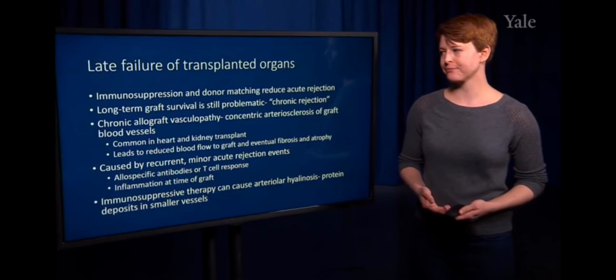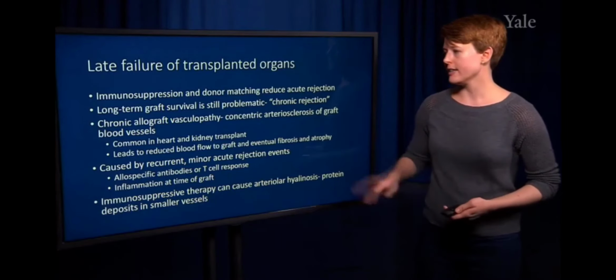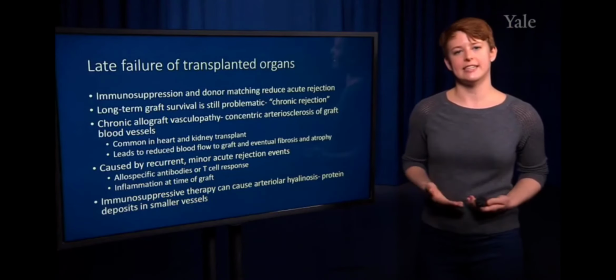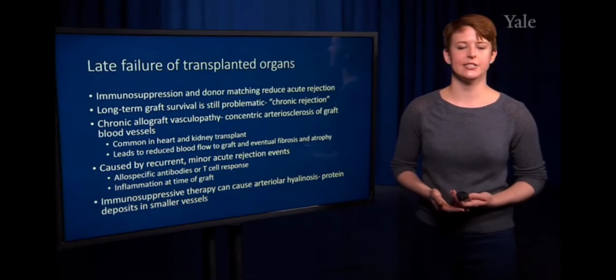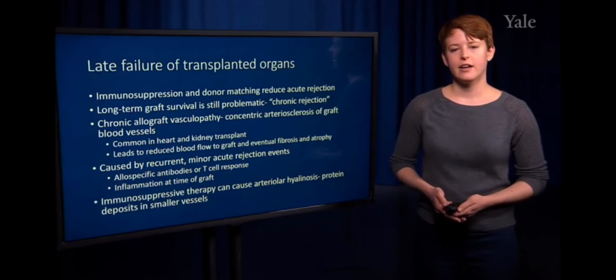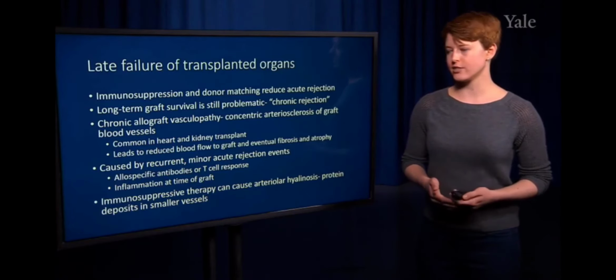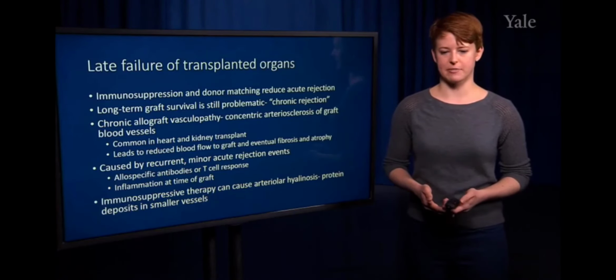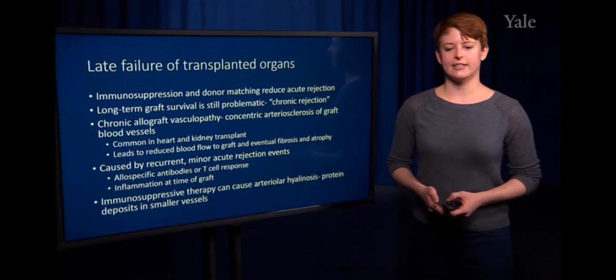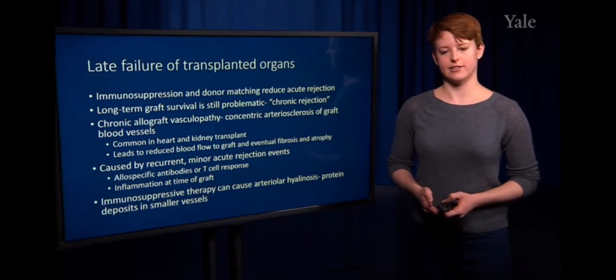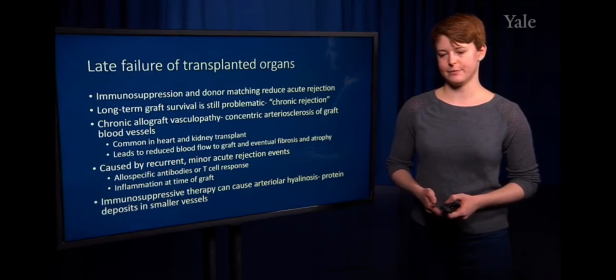However, this long-term graft survival is still problematic, and this is due to chronic rejection. What this means is that you might see things such as chronic allograft vasculopathy, which is a concentric arteriosclerosis of graft blood vessels. I'll show you what that means in a second in a figure.